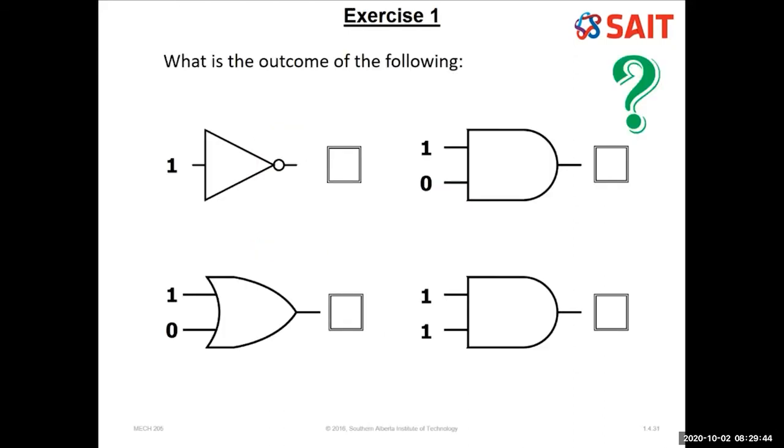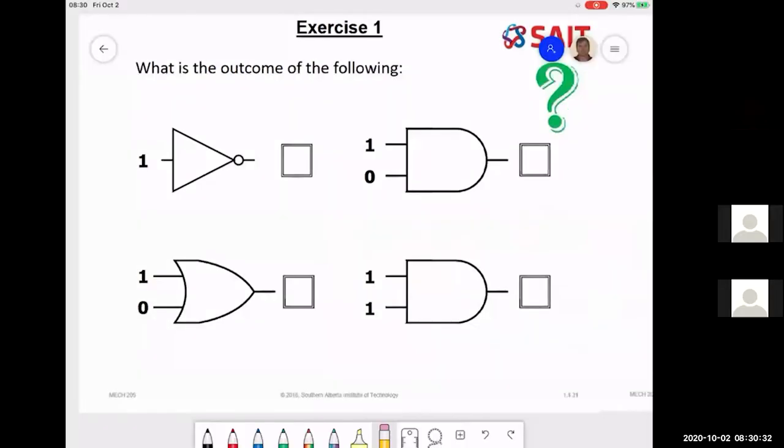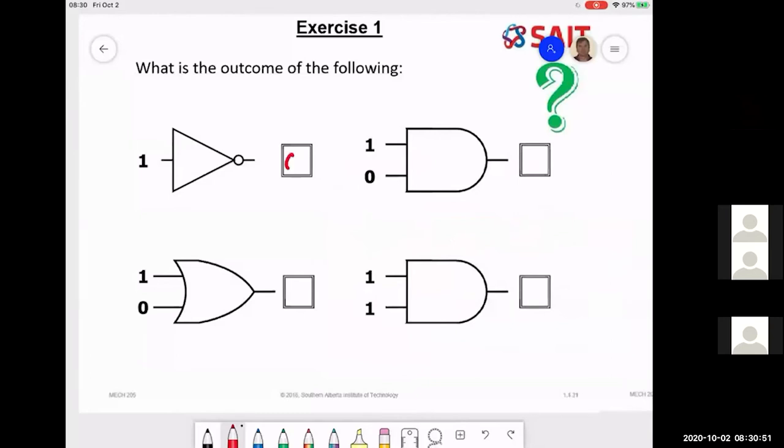So, exercises. I'm just going to switch to my whiteboard. Exercise 1. Jacob, I see you're online. What would the answer be for the first one, the top one on the top left? Jacob? 0? Correct. Okay, we've got Emmanuel.